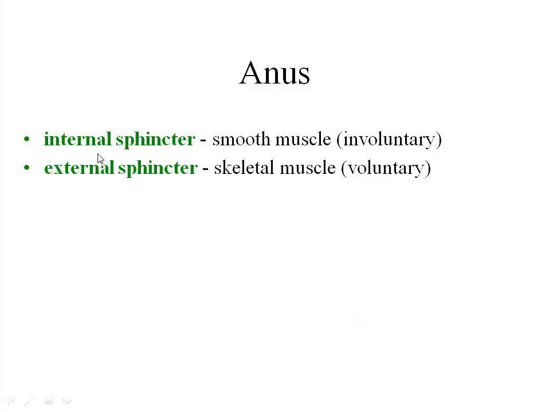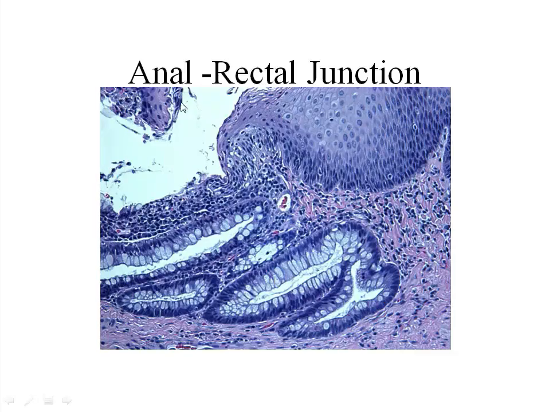In the anus, there is an internal sphincter portion with smooth muscles and an external sphincter with skeletal muscles. So the anorectal junction is shown here.